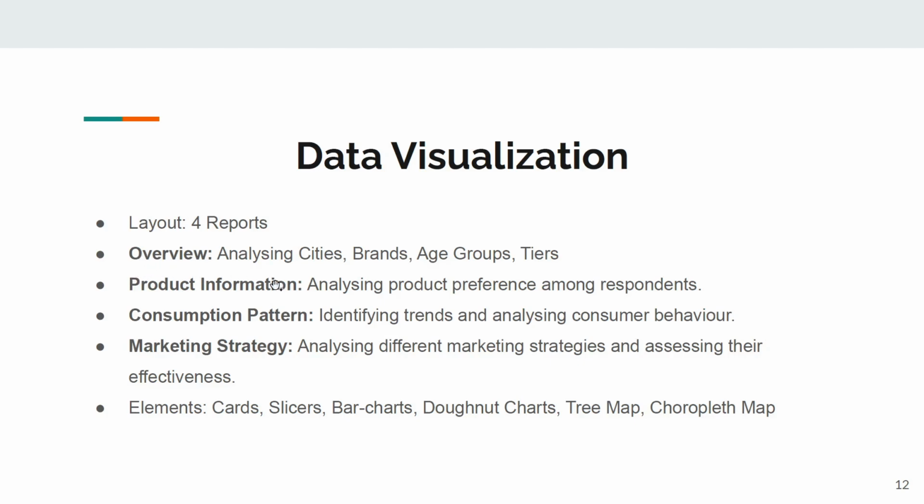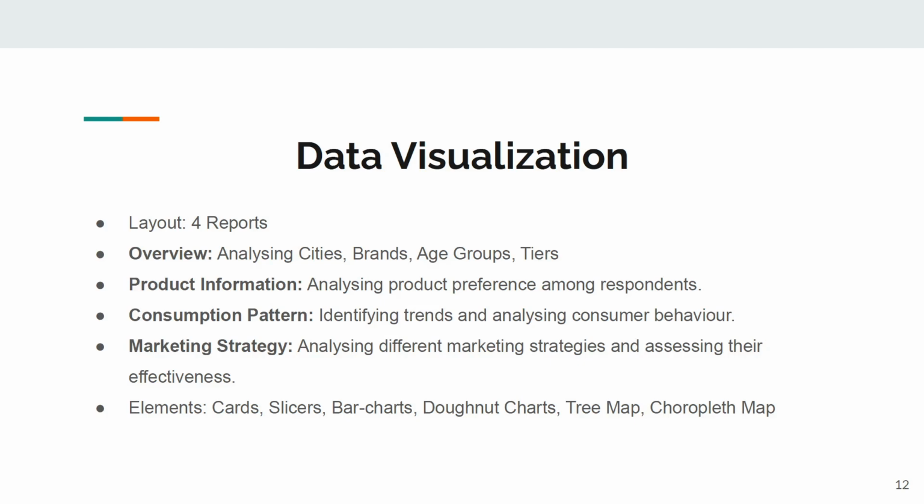The second report is based on the product information, where we are analyzing the product preference which has been given by the respondents in the surveys. In the third report, we are analyzing the consumption pattern. We are trying to identify the trends, and we are analyzing how the respondents are prioritizing their products.